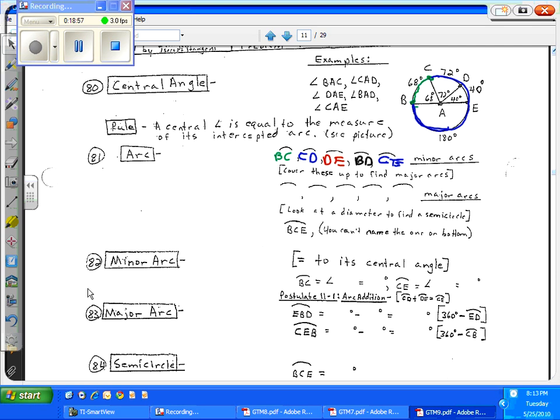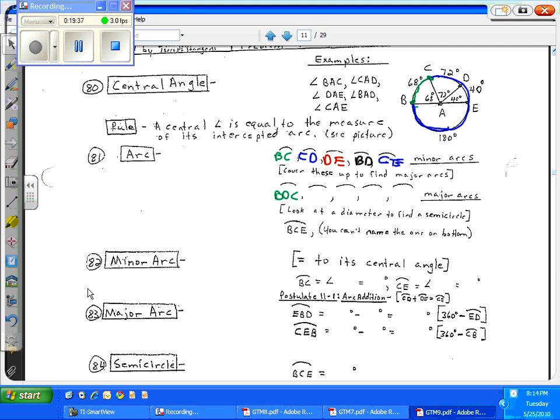So we have to name a major arc by 3 letters so that we understand the difference between a minor and a major, because they both start and end at the same point. So when we name the major arc, we're still going to have B and C to begin and end it, and you can pick any other point in the middle of that. And so as we go from B to C, we could choose the D or the E to go in the middle to help us name that as a major arc. So major arc would be BDC, or BEC.